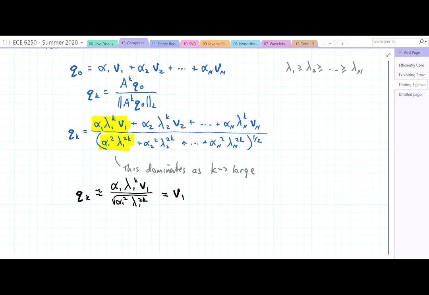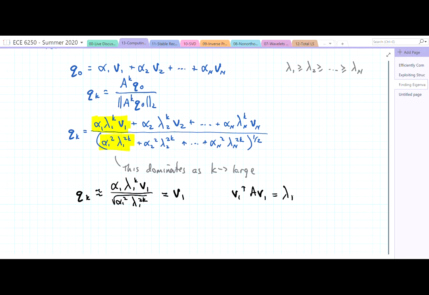So how do we get lambda 1? Well, this isn't too bad. We know that V1 transpose A V1 is just equal to lambda 1, because A times V1 is equal to lambda V1. The lambda comes out, and V1 transpose times V1 is equal to 1.